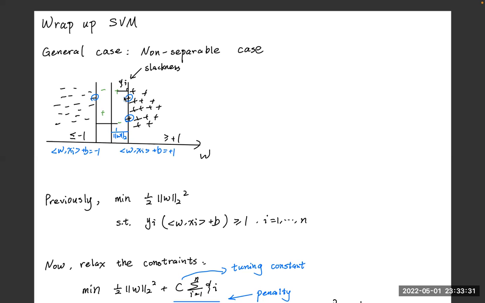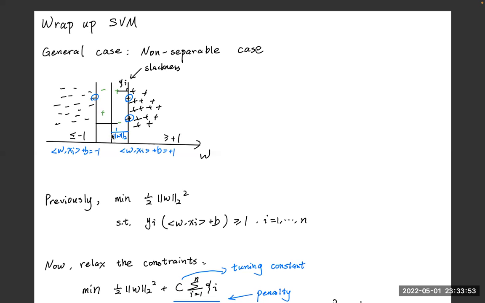psi i. So for example, for this example, psi i is how much it goes beyond the safety boundary. And this may be like a 0.6, right? It go beyond safety boundary. But for this example, it go much beyond the safety boundary.